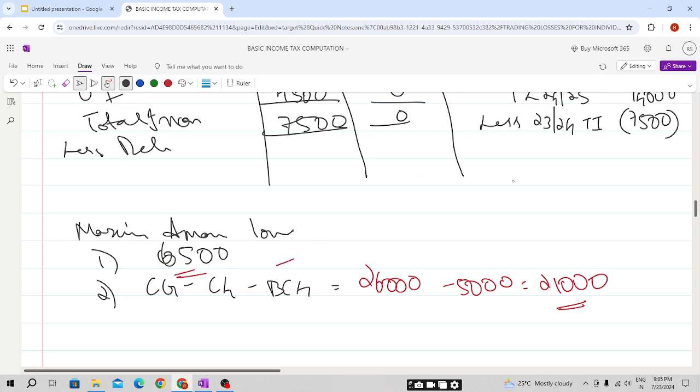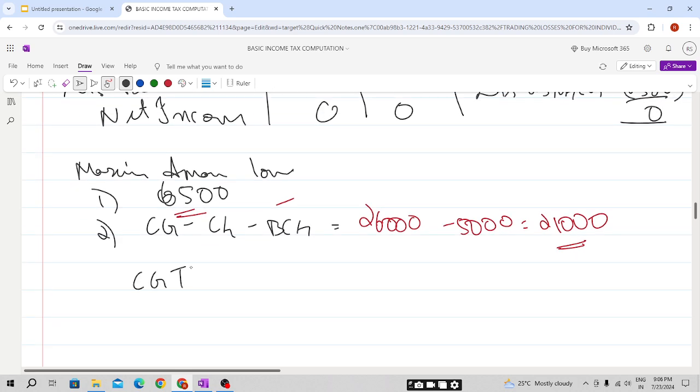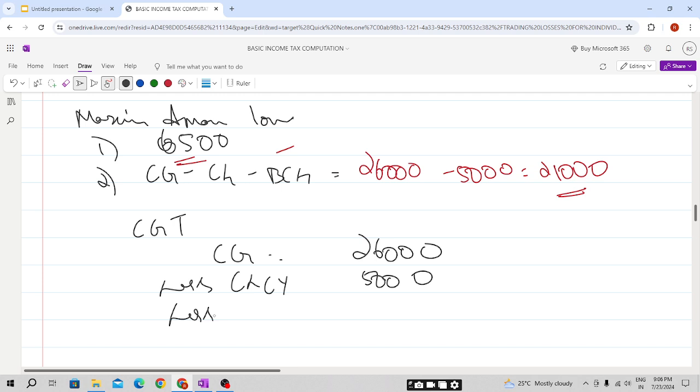So now less 23-24 chargeable gains of 6,500. So students, our net income will be 0. So our taxable income will be 0. But when coming to CGT we have current year gains 26,000 less current year capital loss 5,000 less trade loss relief set off. Trade loss relief is 6,500.